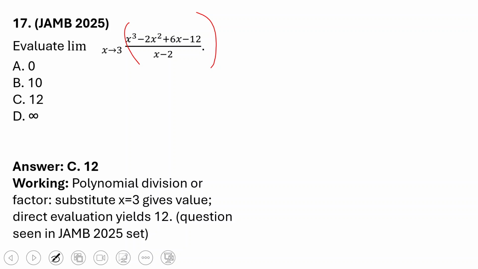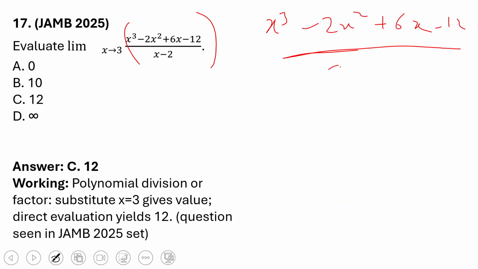Okay, factorization will be a long way, so just substitute 3 where you have x. So if I have x cubed minus 2x squared plus 6x minus 12 all over x minus 2, substitute x is equal to 3. When you see x, you put 3.